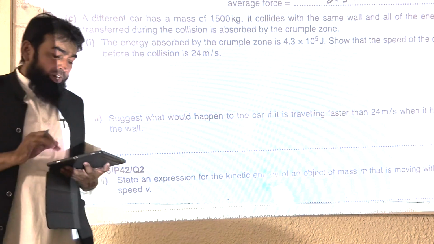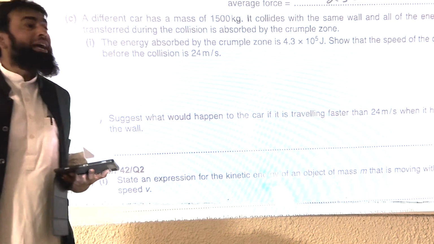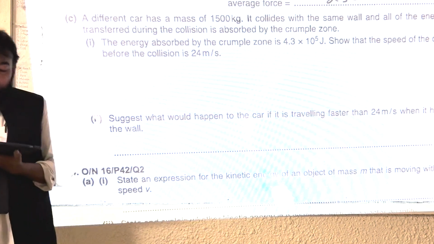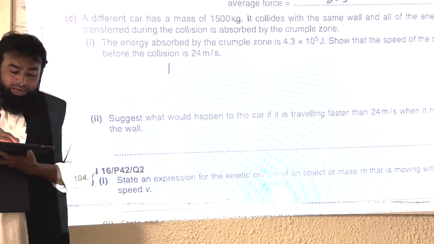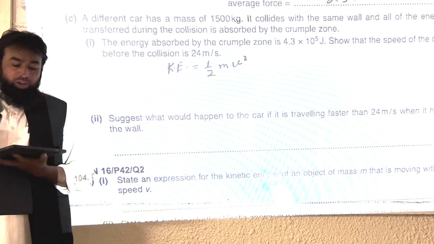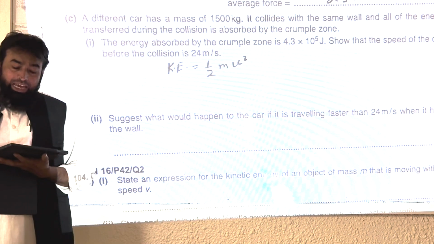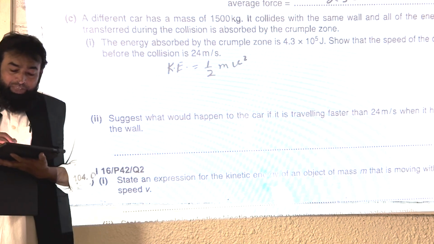I have told you the formula to find the kinetic energy. Here we are going to apply the formula for kinetic energy. What is the formula for kinetic energy? Very good. 1 by 2 mass into velocity squared. Now I am going to apply the values. KE is already given.